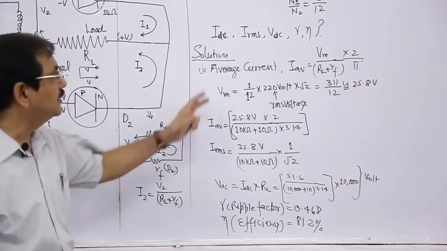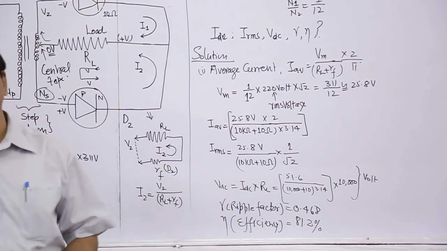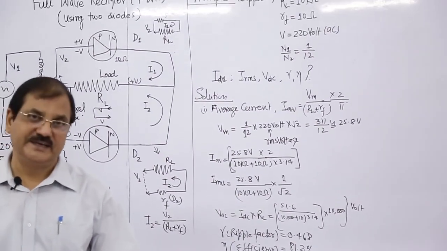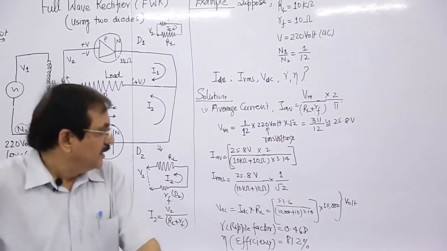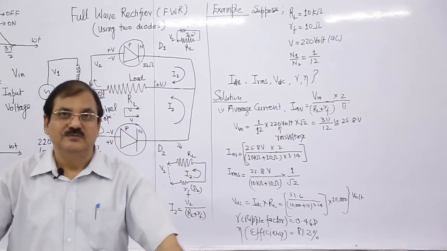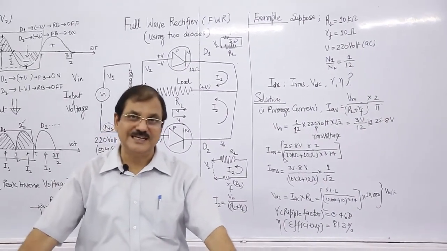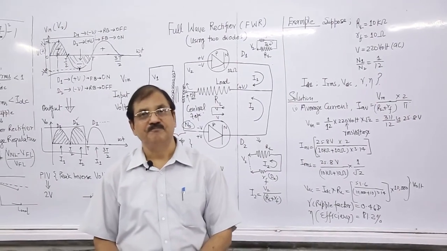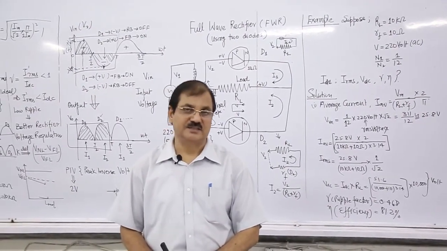So these are the numerical values for the full wave rectifier circuit. And this is all about the full wave rectifier. In the next part, I will discuss the bridge rectifier. Thank you.